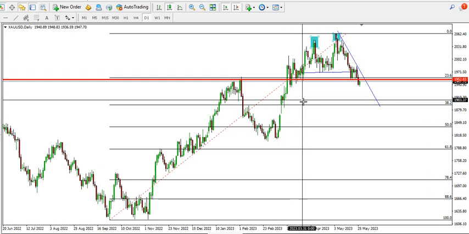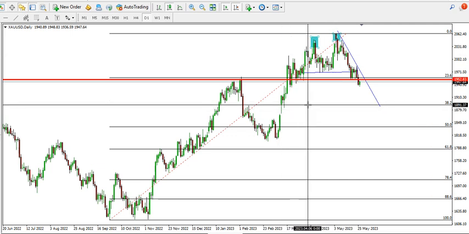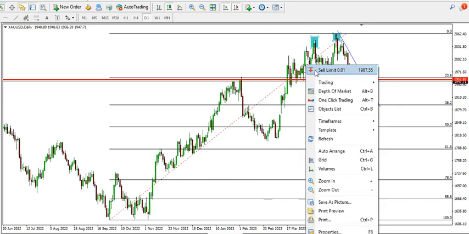So I believe 1891 area, which is the 38.2% Fibonacci level, is the next likely target for gold. Okay, so that's that on the daily time frame.